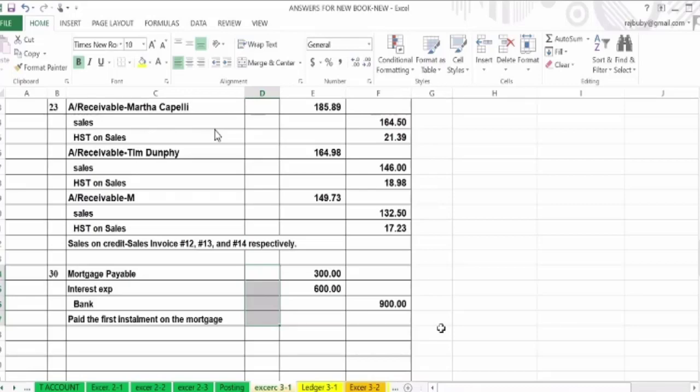But I did the expense at the same time. There are two accounts missing, right? One is insurance, one is interest.